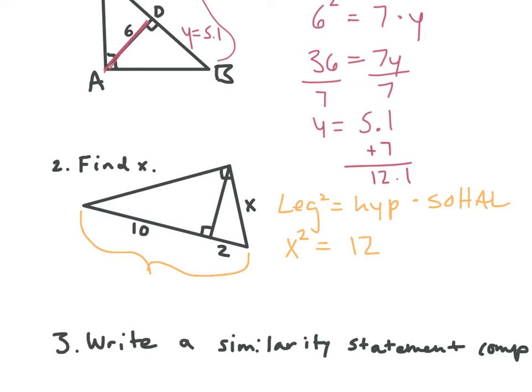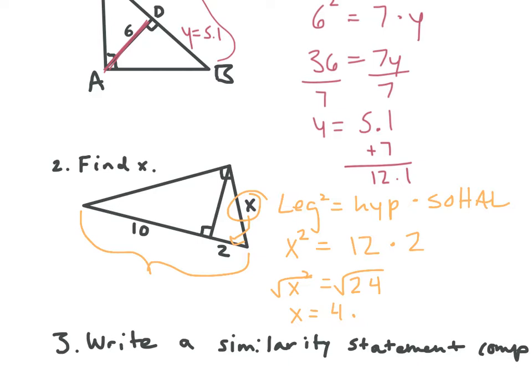And then what's our segment of the hypotenuse adjacent to the leg? 2. Remember, when we're talking about the segment, it's just the segment that's closest to the leg we're talking about. So we have x squared is equal to 24. We take the square root of both sides, so we get x is equal to 4.9-ish, right?